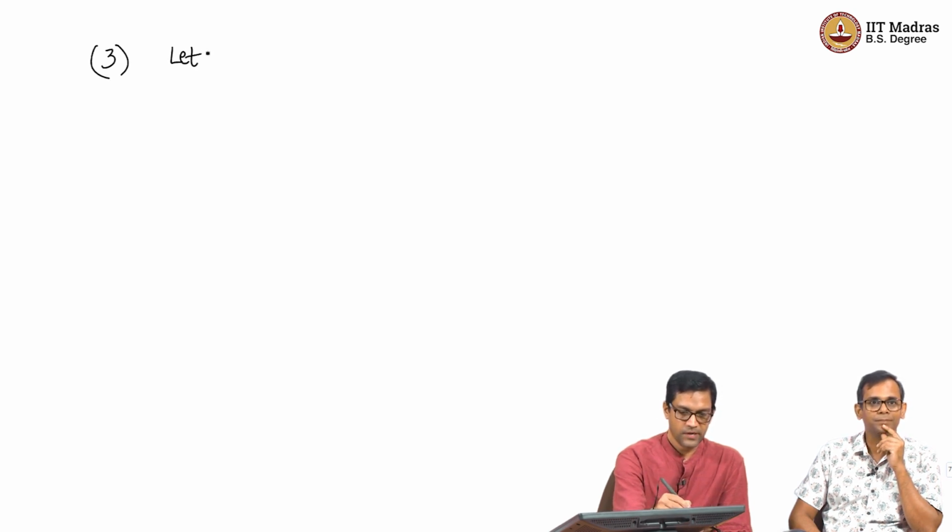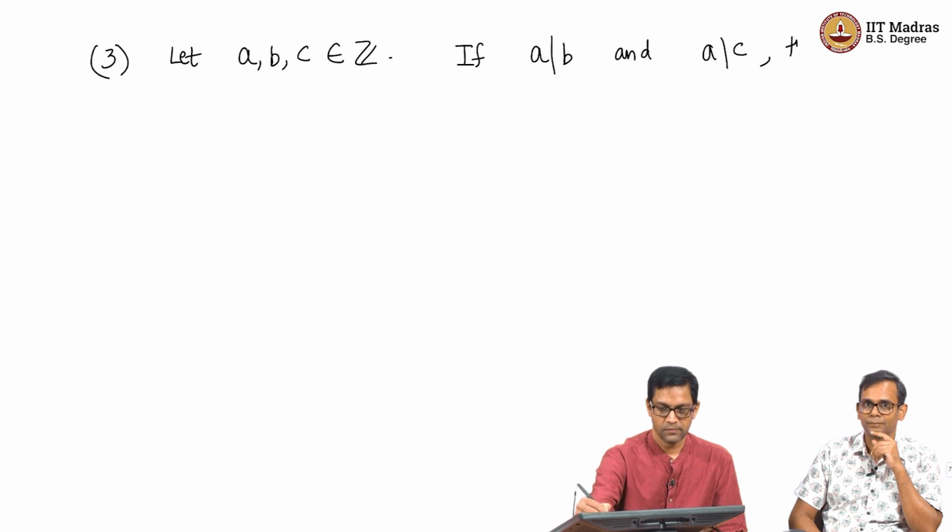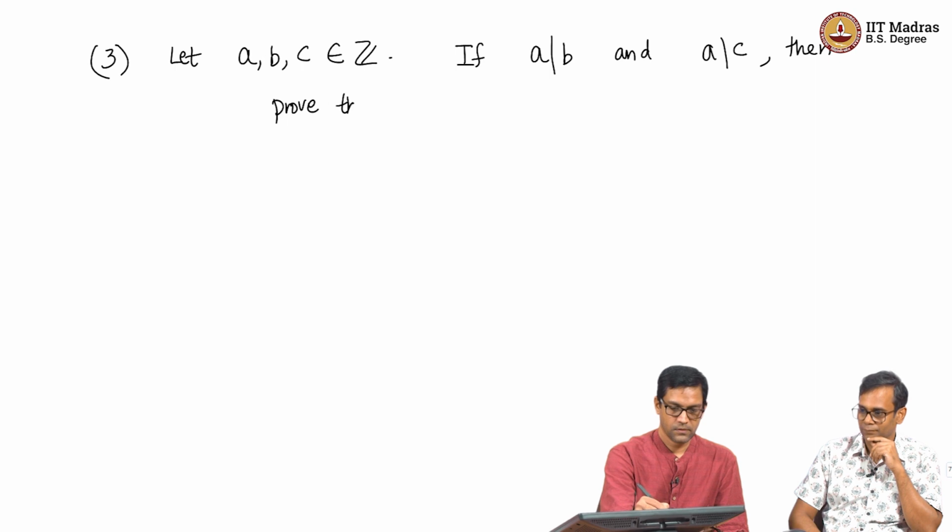So I again give you three integers a, b, c. If a divides b and a divides c, then prove that a divides their sum.